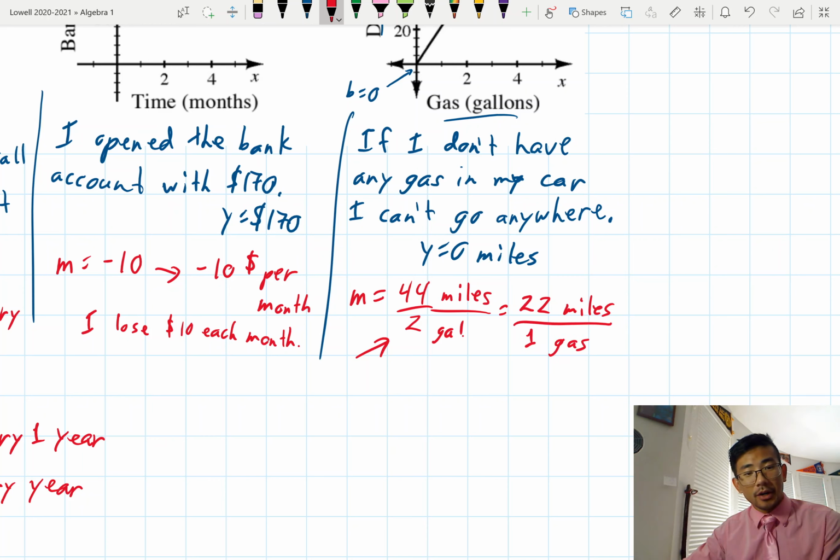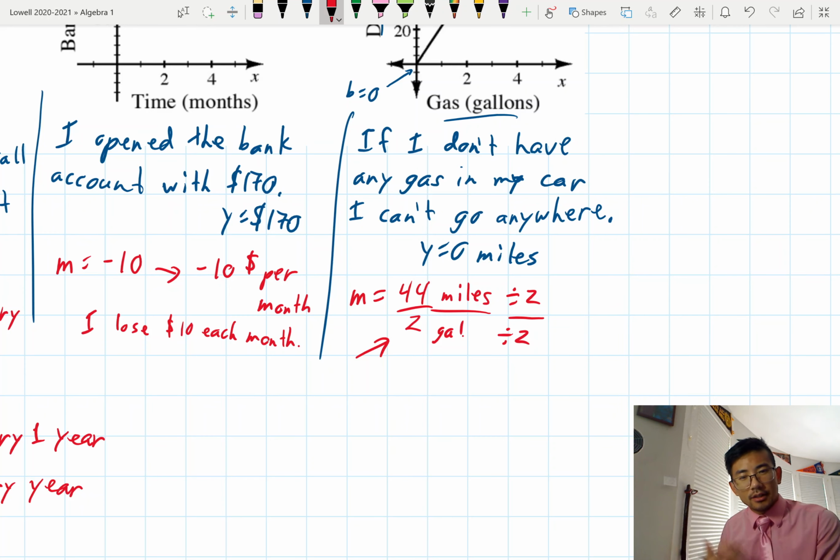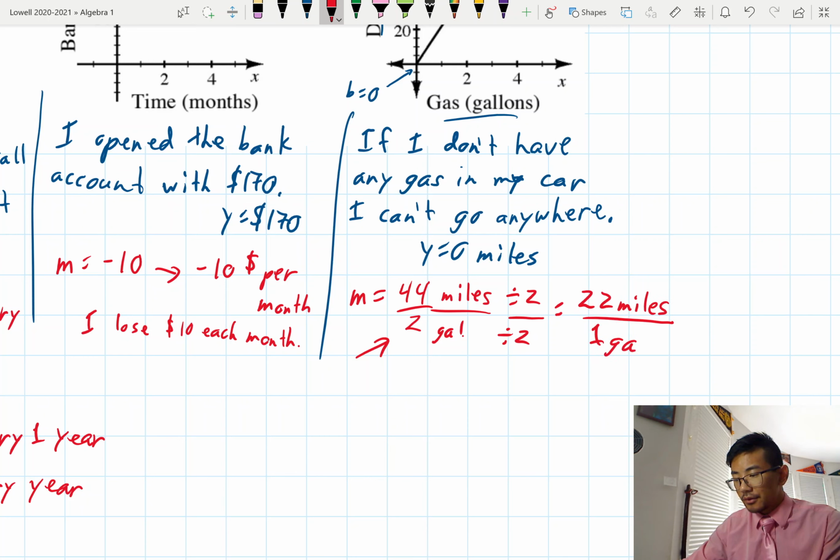I'll just divide top and bottom by 2. Actually, let me write that out for you. I apologize. Divide the top by 2, divide the bottom by 2. Again, it's important that we do the same thing to the top and the bottom, so we don't actually change the numerical value. 22 miles per 1 gallon.